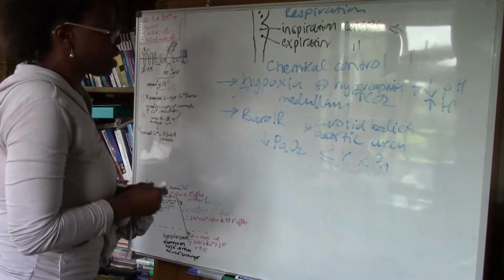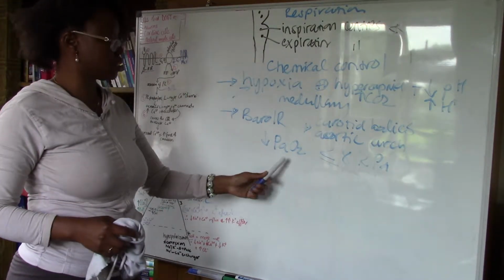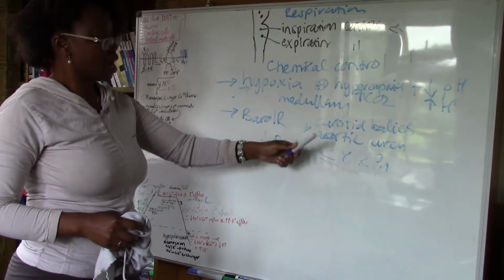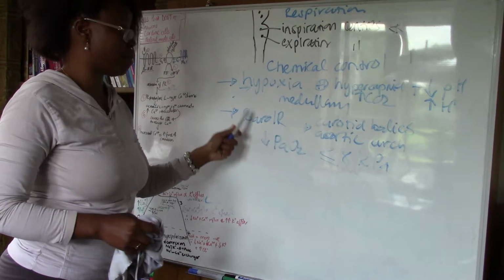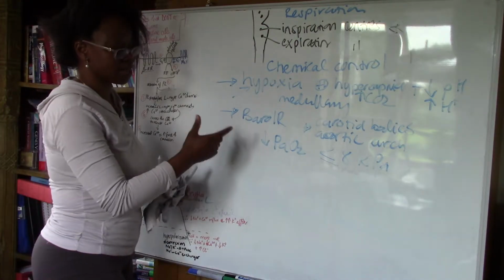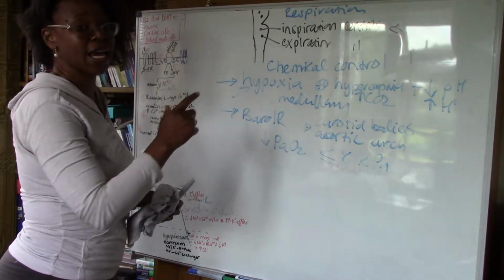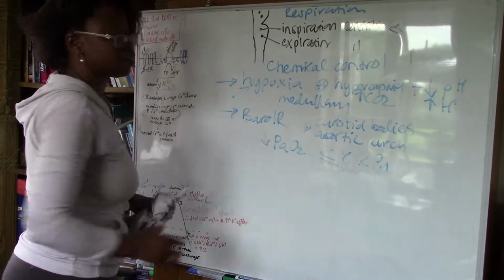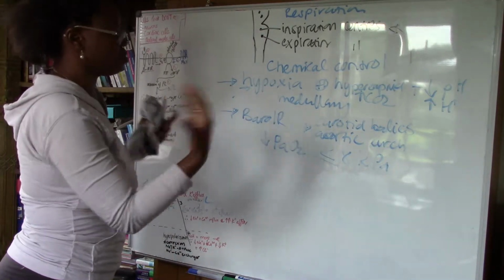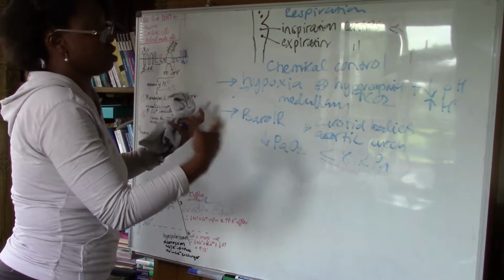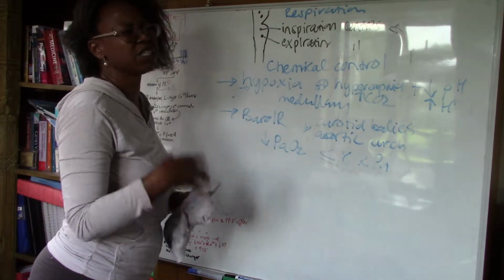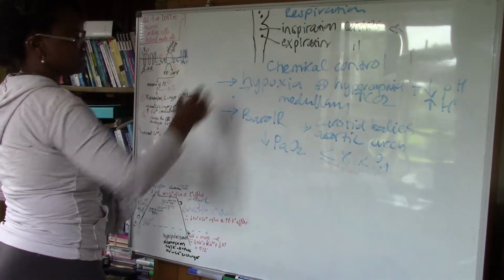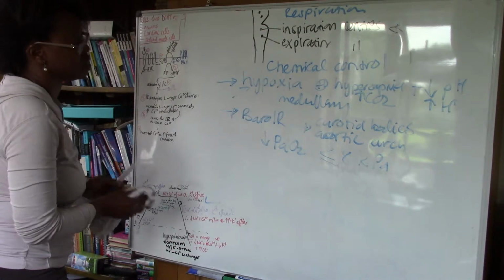So when the partial pressure of oxygen is reduced, the carotid bodies and the aortic arch baroreceptors will sense that and send a signal again to say there is low pressure of oxygen, make the body take in more oxygen. And again, it happens in a similar way, really, in terms of stimulating the respiratory centers.